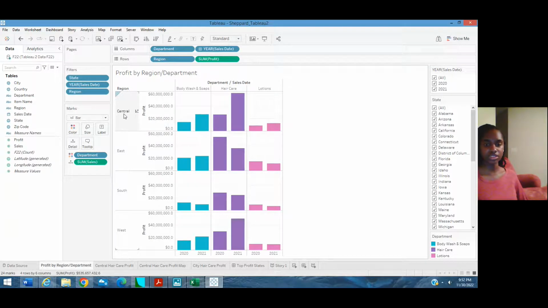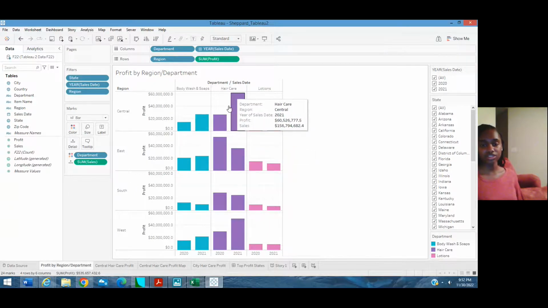We have central, east, south, and west, and then we have the departments: body wash and soap, hair care, and lotions. And right off, looking at it initially, you can see that the hair care department is performing significantly better than those in the lotion or body wash department. So that really popped out to me.